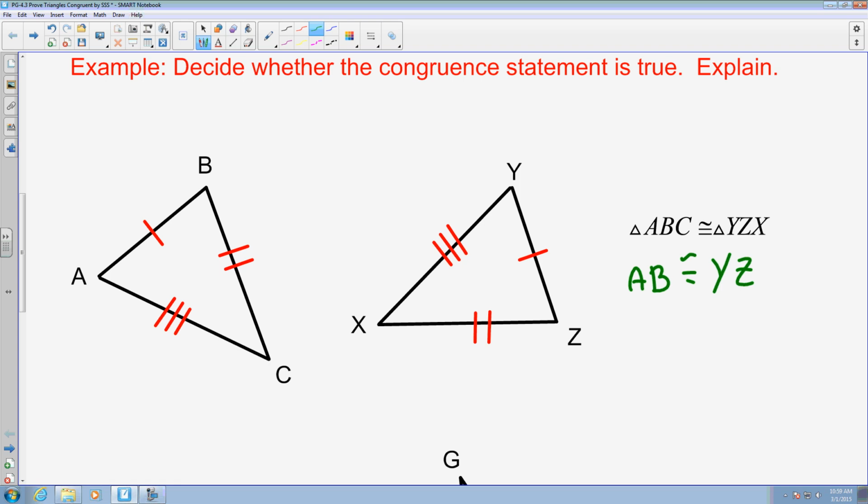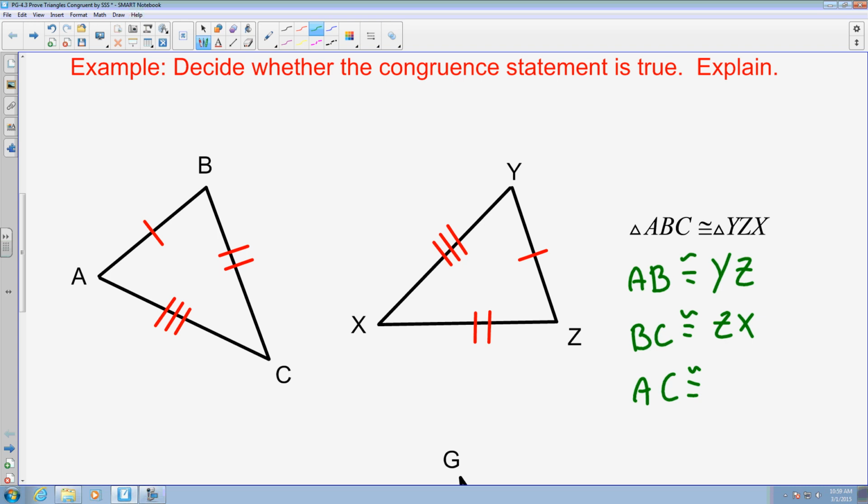Next, I'm going to look at BC. BC has two tick marks on it. Second and third in the second triangle is ZX. Does ZX have two tick marks? Yes, it does. So I can say that BC is congruent to ZX. And then finally, AC, which is first and third, is that congruent to YX?